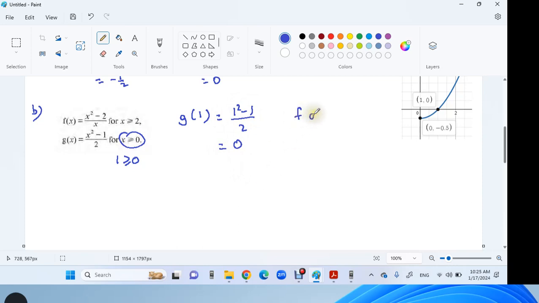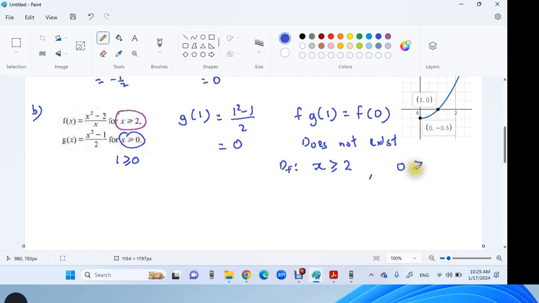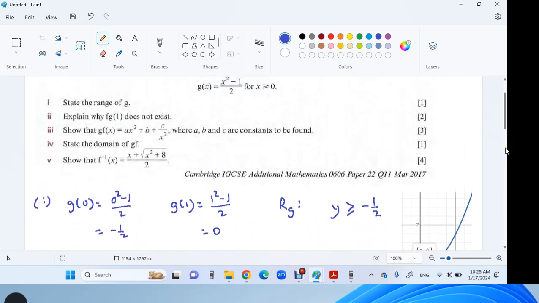Then fg(1) becomes f(0), and this one does not exist. Why? Because the domain for f(x) requires x to be greater than or equal to 2, but 0 is not greater than or equal to 2. Therefore, fg(1) does not exist.